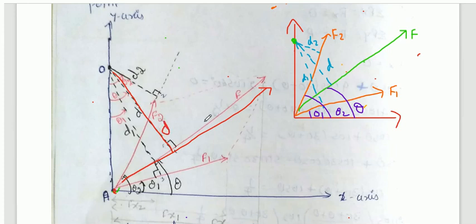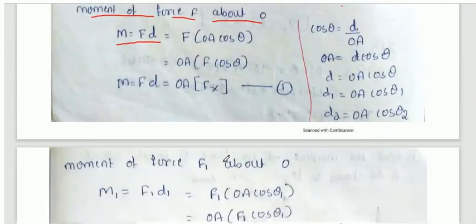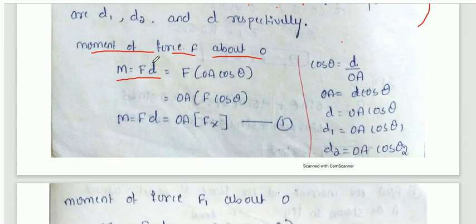It is D. So the moment of force F about point O is equal to F into D. Is it clear? Okay, so now you can observe F into D.